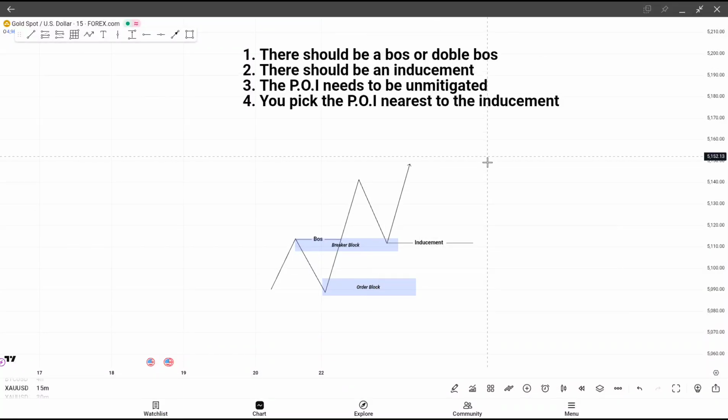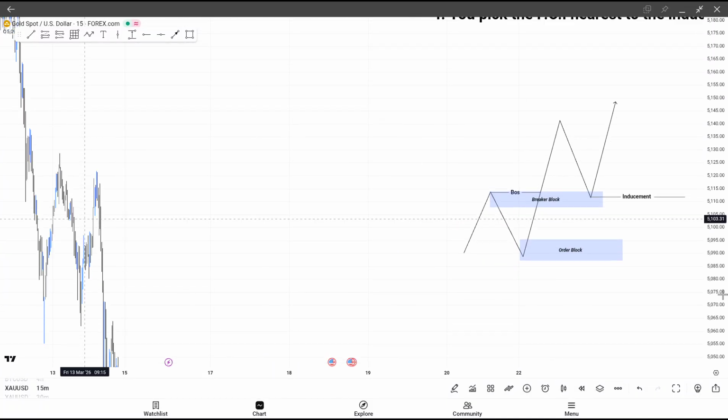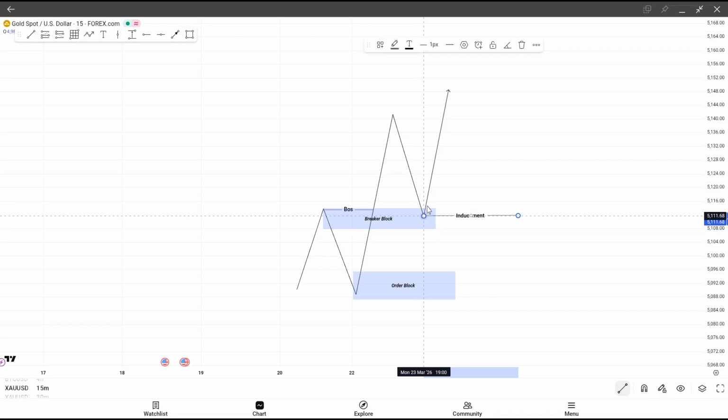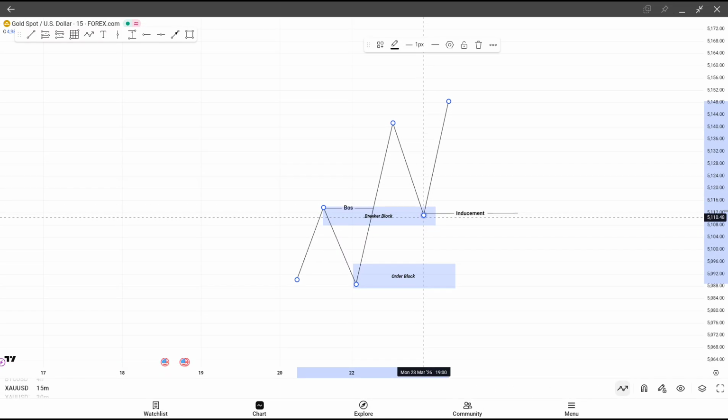Okay, the third rule says the point of interest needs to be what? Unmitigated. It means that it needs to be the one that the market has not used before. Between a breaker block and the order block, those 2 points of interest, which one has the market used before? You can see clearly that the one that the market has used before is this breaker block. Okay, because of the inducement. Why? The inducement came and touched the breaker block and went up.